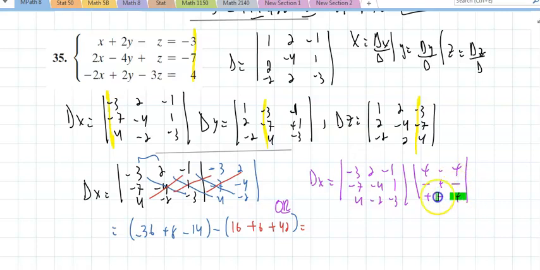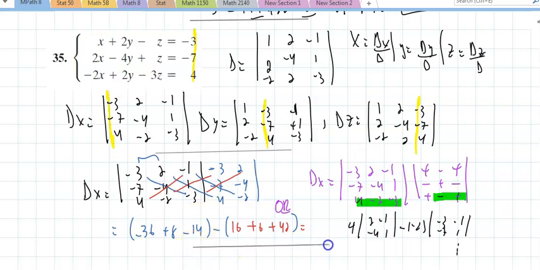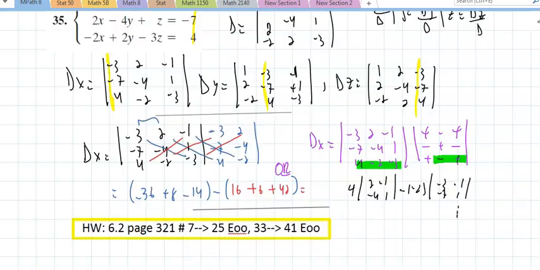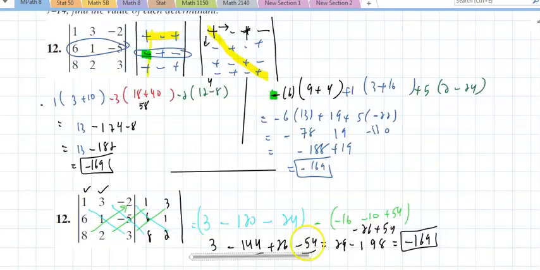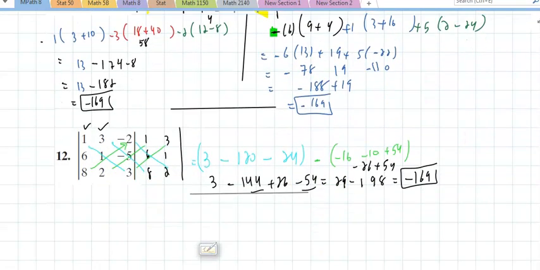So if I picked, say, this, associated with that, I could say that is a 4 times 2, negative 1, negative 4, 1, minus a negative 2 times negative 3, negative 7, negative 1, 1, and the list goes on. So your choice, and there's the homework. Only 3 by 3.